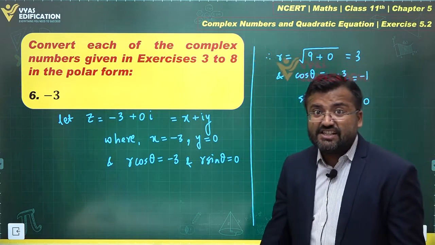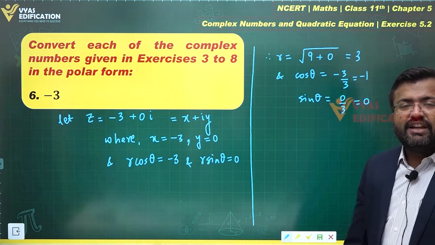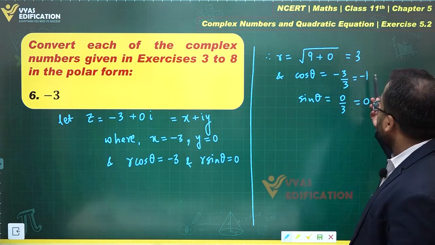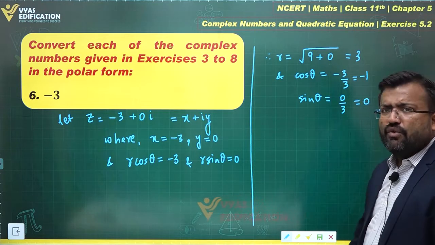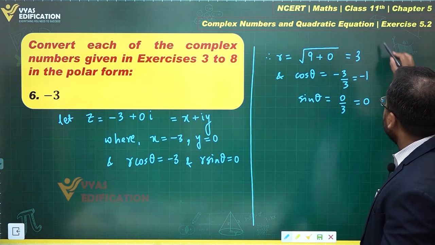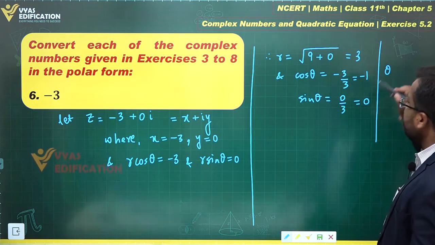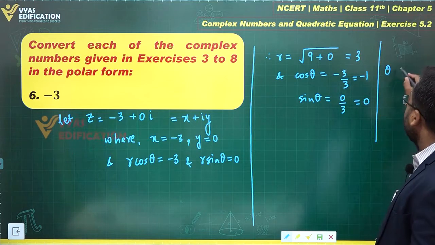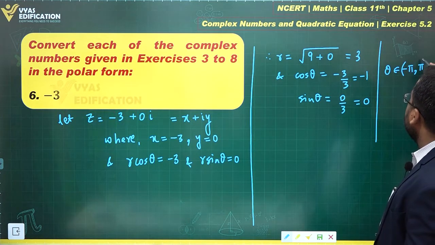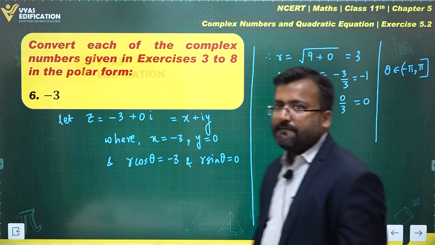Now sin theta is 0, cos theta is -1. Can you guess the value of theta? Very easily, yes. Cos theta -1, sin theta 0. Where does it bring us? You should remember, don't ever forget that theta implies the principal values, and the principal values lie in this interval, open -pi to closed pi.